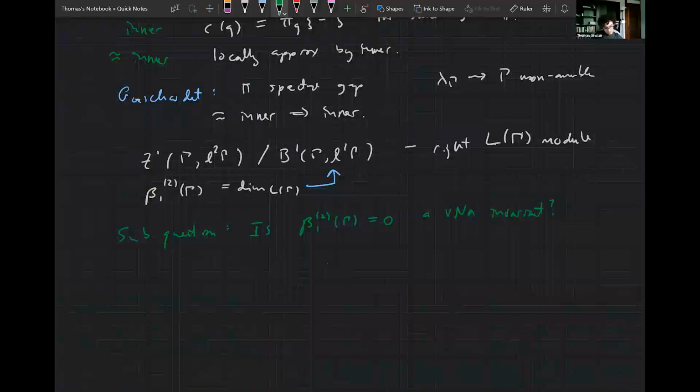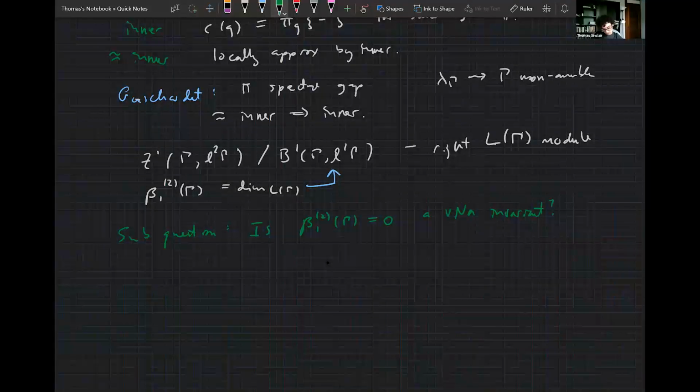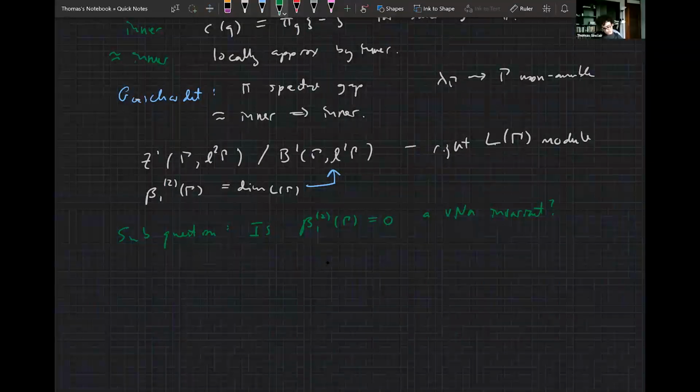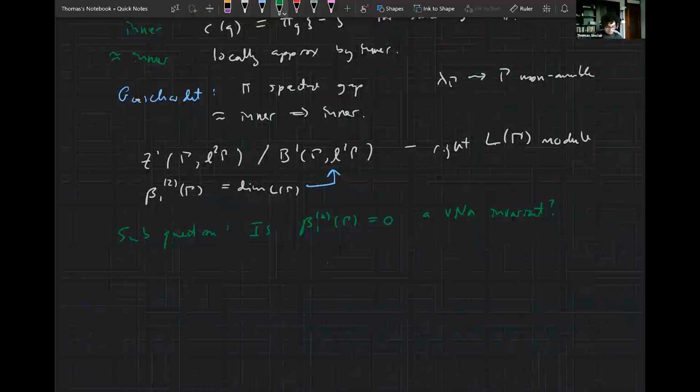And Jesse has a theory of L2 rigidity, which is a von Neumann algebraic property, so it is an invariant, and it is the natural and correct analog of vanishing of Betti number for a von Neumann algebra.